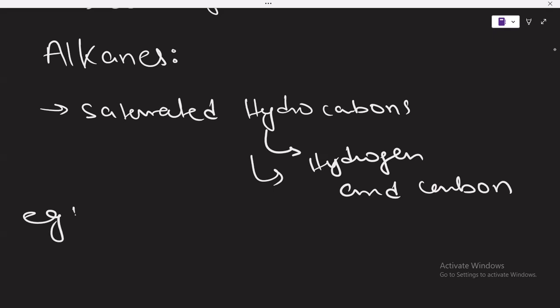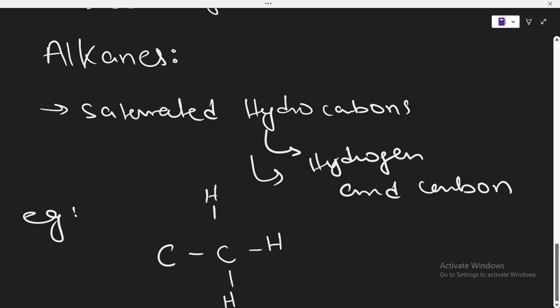So let's take an example. Let's draw a structure of what an alkane looks like. It is going to look something like this.